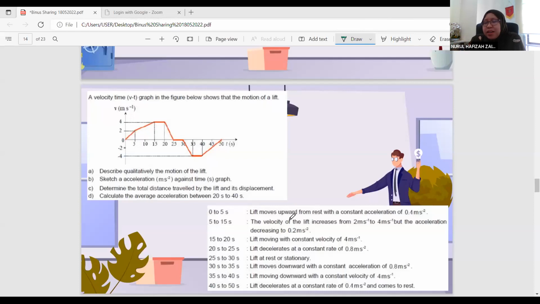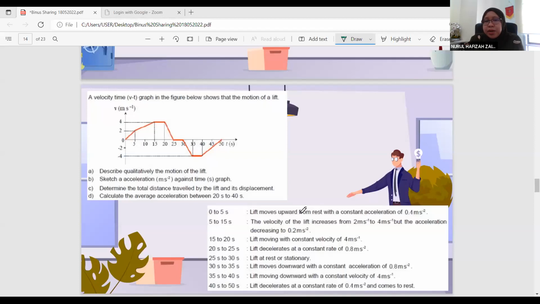That is a keyword for vector direction. And then from 30 seconds to 35 seconds, it's moving downward. So upward and downward, that is the direction, and the magnitude is 4, 2 here. And then 0, upward from rest.